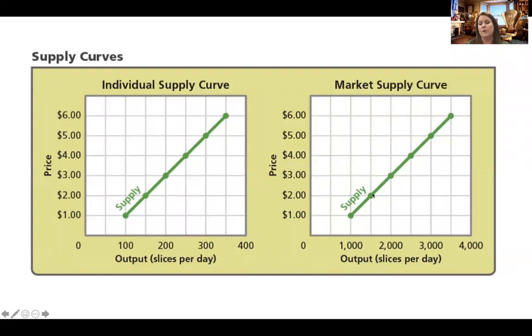If I gave you a point at like $2 and 150 slices, that's not going to be true because that's over here on the individual one. We're going to want like $2 and 1,500 slices, $4 and 2,500, or $5 at 3,000 slices. Any one of these points on the graph over here on the right.